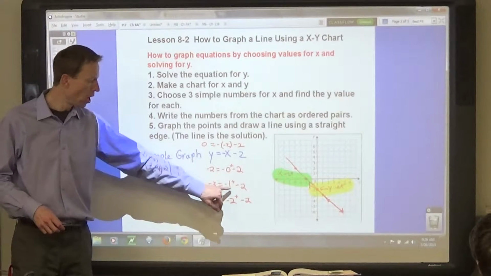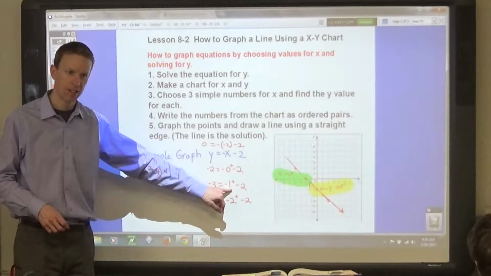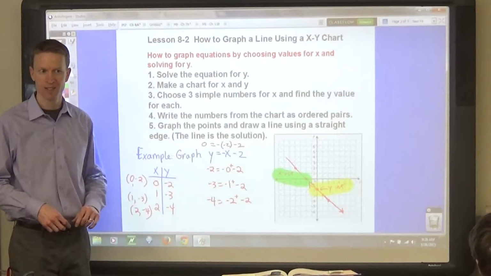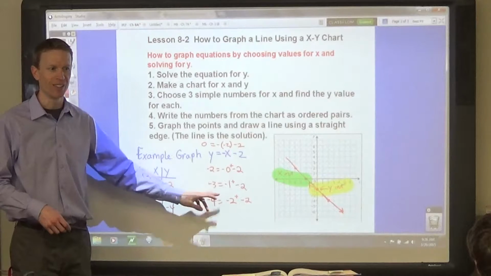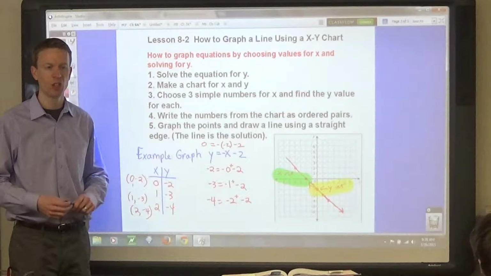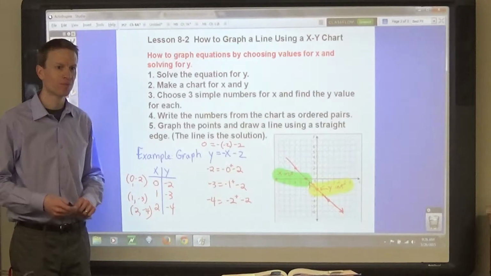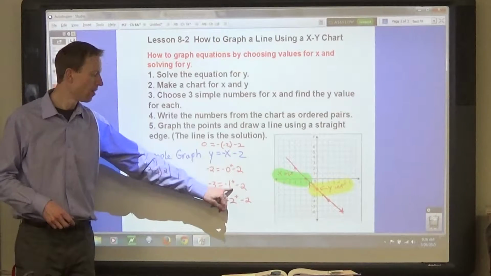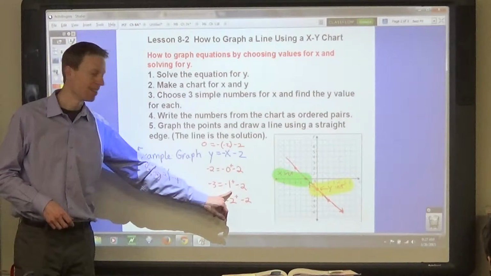If we substitute 1 for x, what's the y value? Look up here. What's the y value when we substitute x? Joey? What's the y value for this number? Oh, -3.